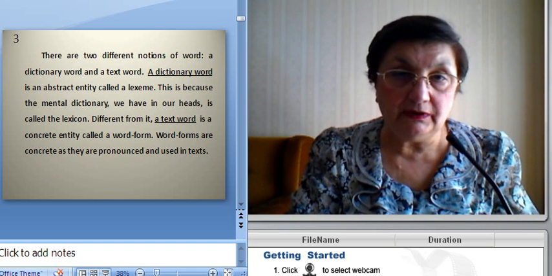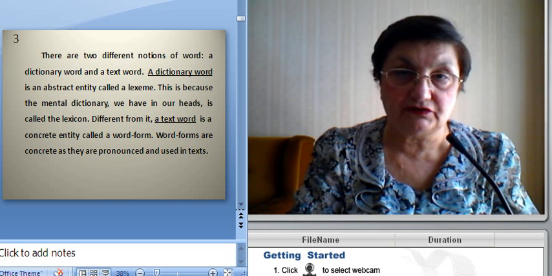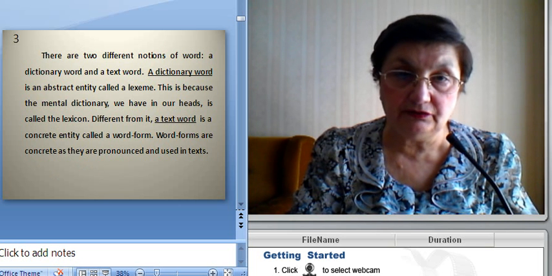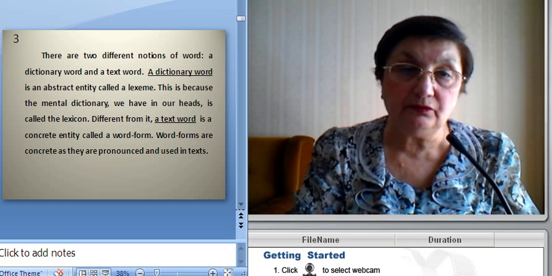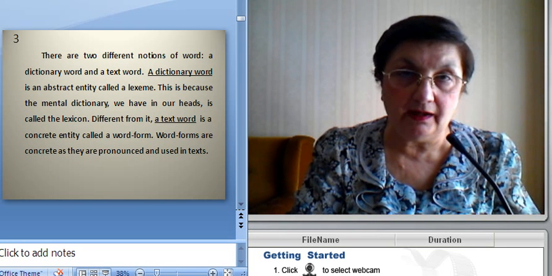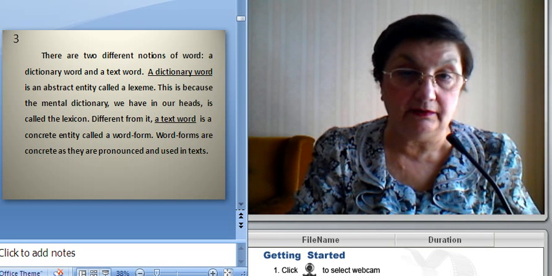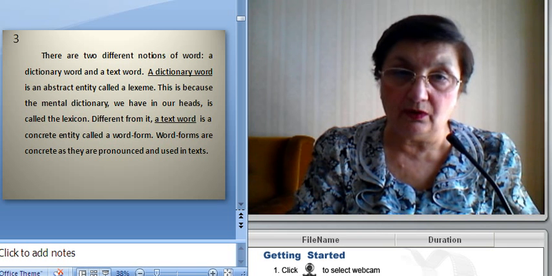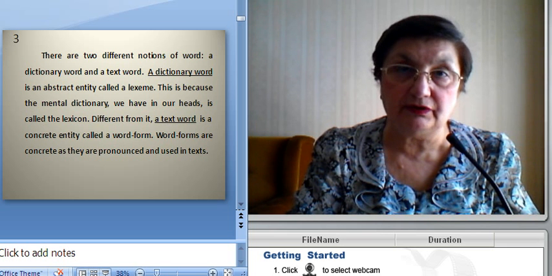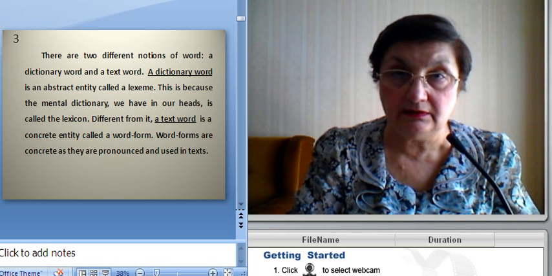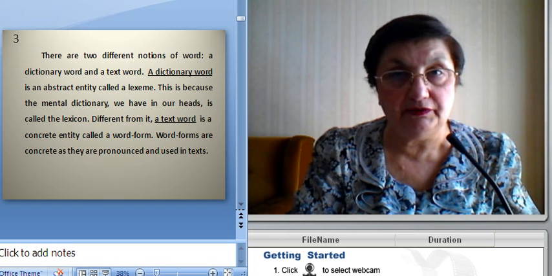There are two different notions of word, a dictionary word and a text word. A dictionary word is an abstract entity called a lexeme. This is because the mental dictionary we have in our heads is called the lexicon.